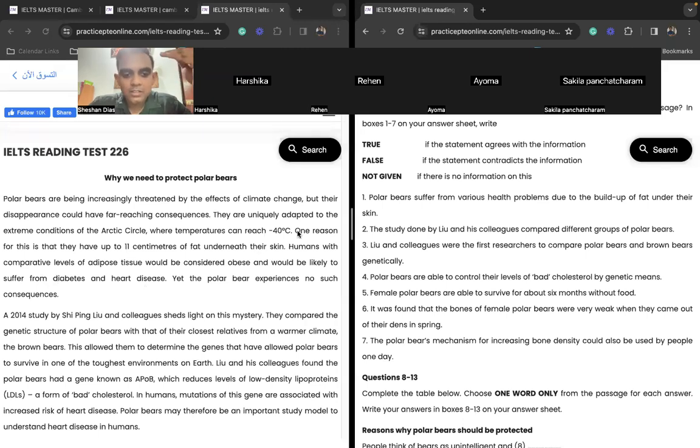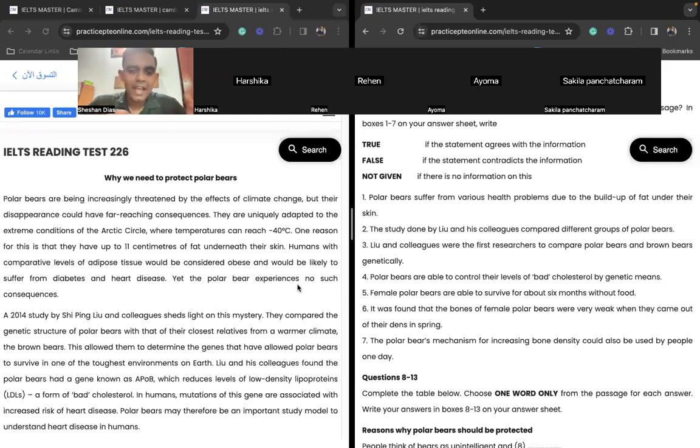So the answer should be somewhere here in this section. Because we have located keyword one, fixed keyword, under the skin, directly a flexible keyword has been given. Suffer from various illnesses, suffer from diabetes and heart disease, health problems. We can't say it's in this line exactly, but it's definitely somewhere here. Definitely in this section.